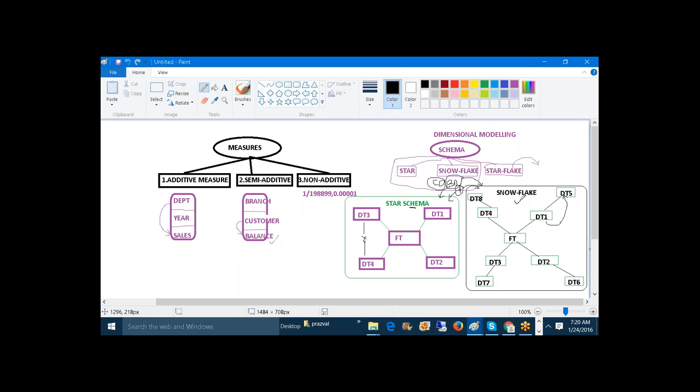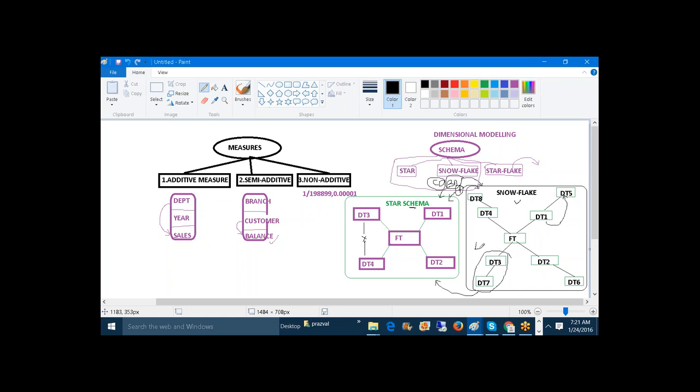If you say that you are using snowflake schema, the next question would be, is it possible to convert snowflake to star or not? Yes, the answer is yes. It is possible to convert snowflake to star. So how to convert snowflake to star? Just group these dimensions.